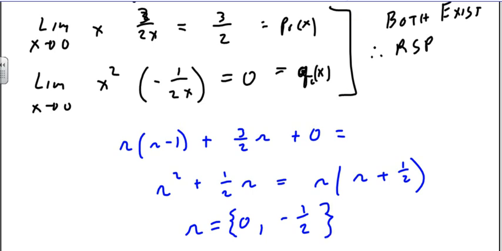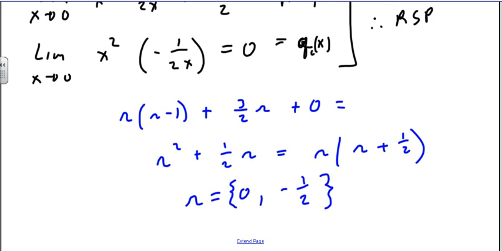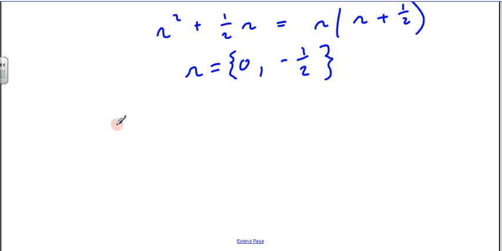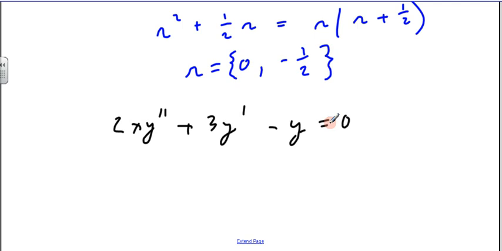Well, that's good. Back to the original equation: 2x y double prime plus 3y prime minus y is equal to 0. And so now we're going to substitute in for the y double prime, the y prime, and the y.